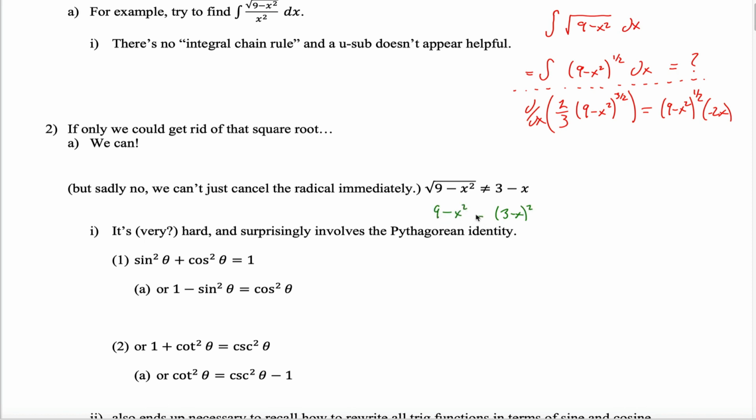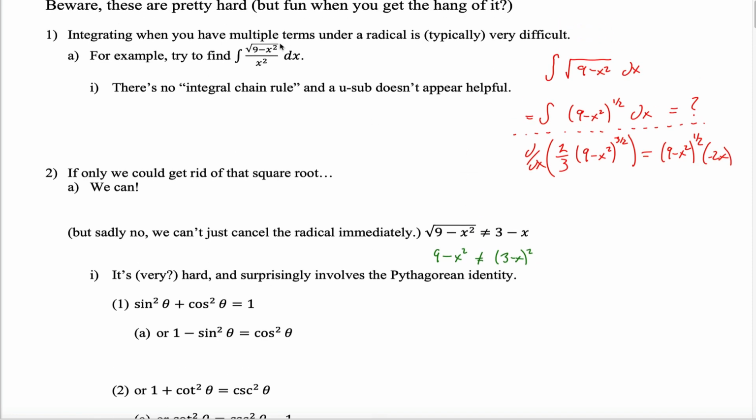But it doesn't, because for 3 minus x squared you have to FOIL, and you get 9 minus 6x, plus x squared in this case. If algebra worked this way, where we could distribute square roots over differences for the purpose of cancellation, this would be a much easier integral to take. But unfortunately, this doesn't work. So just like up in red up here, we fail to find an easy way to take the antiderivative. So what are we going to do?